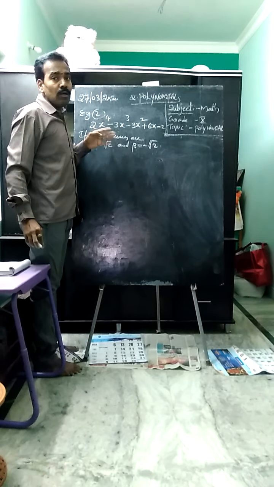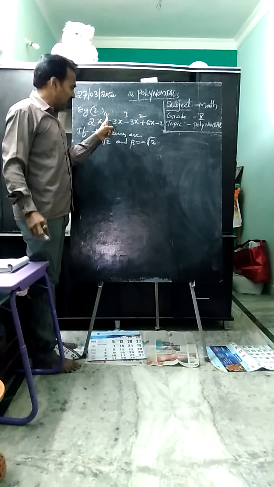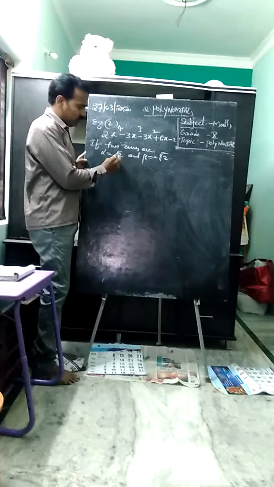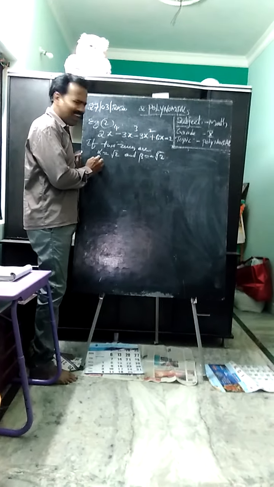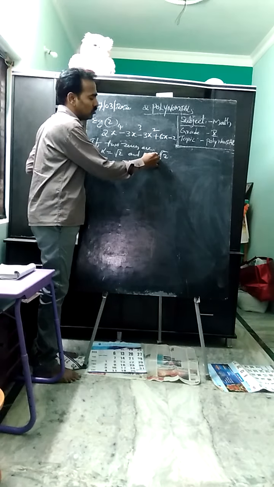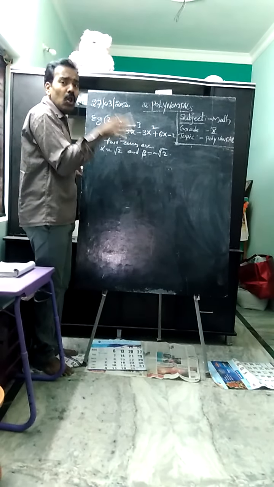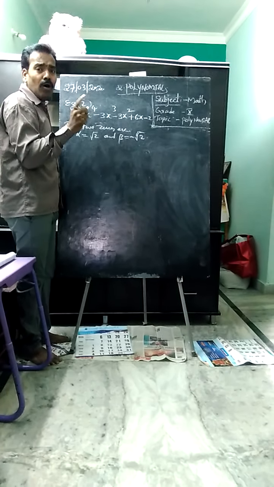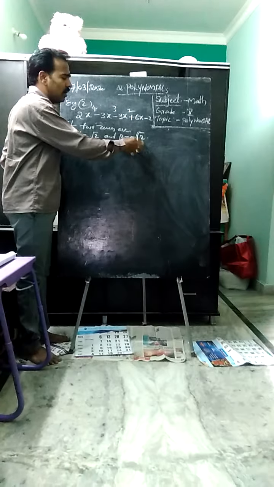As we know, based on its degree, this polynomial contains maximum 4 zeros. Already 2 zeros are given: let me consider alpha as root 2, beta as minus root 2. When we do long division, the first step is to find the quadratic polynomial when alpha and beta are zeros.